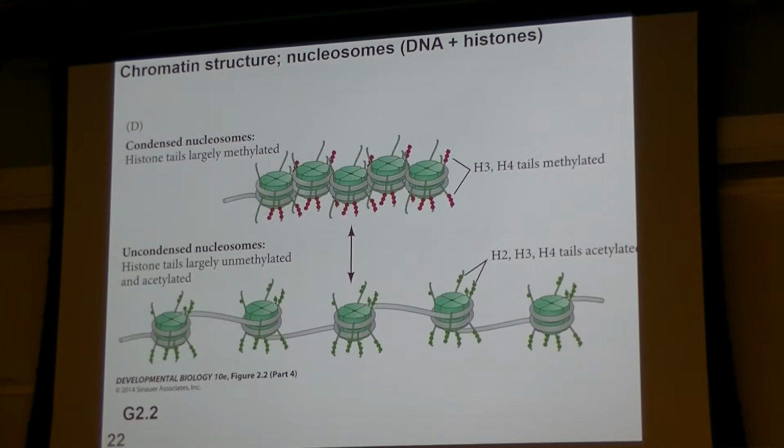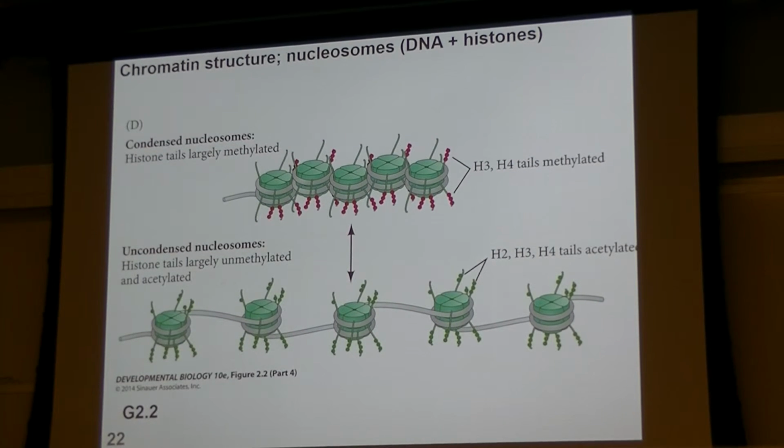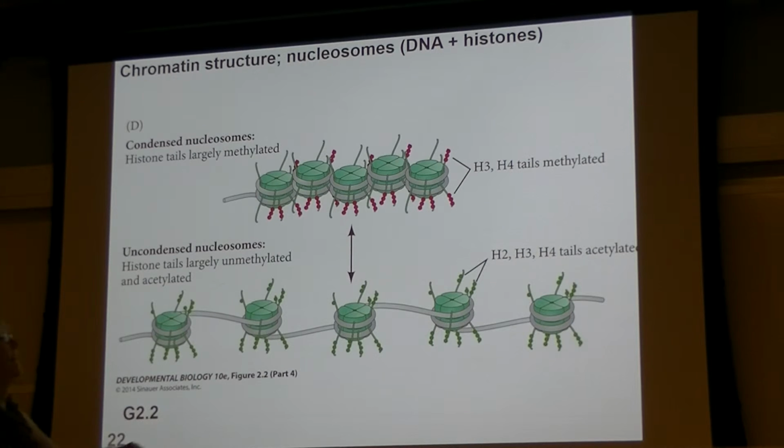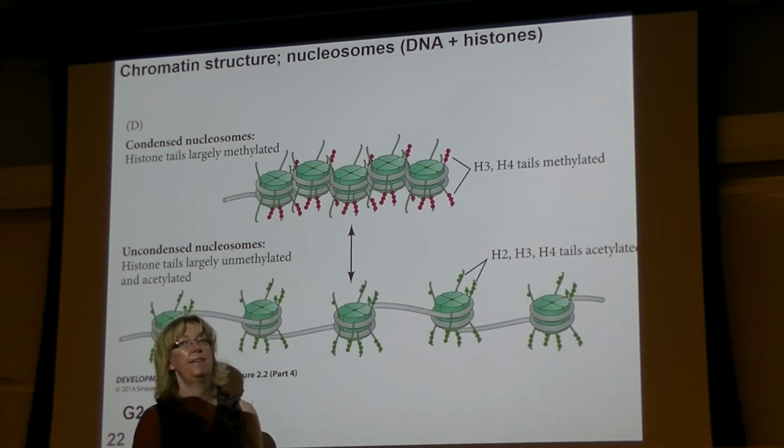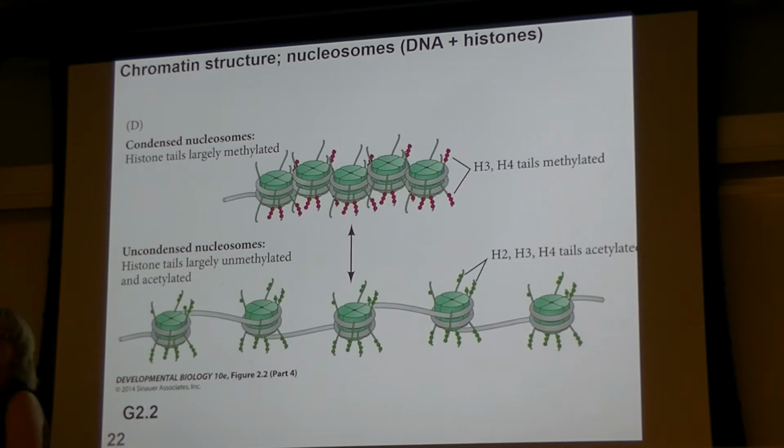If they're very crunched together and tightly packed, then that's generally associated with low transcription rates or none, because it just can't get in there physically. So there are certain tags, such as modifications like methylation, that can be put on either the histones or the DNA that regulate how accessible the chromatin is. So that's a method, or already a step, of regulation.